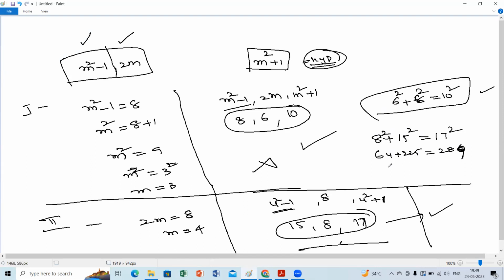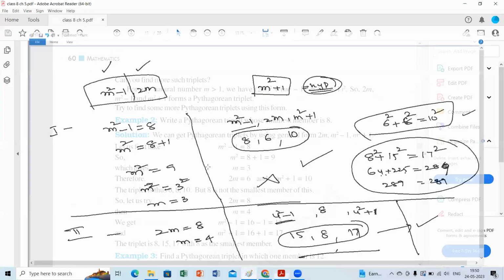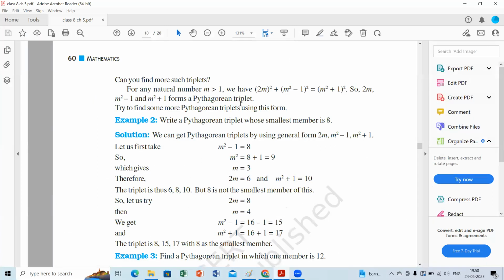So 64 plus 225 is 289. Yes, both are triplets only. But the requirement is very important. Our question is more important: write a Pythagorean triplet whose smallest number is 8. That's why we are going with the second condition.